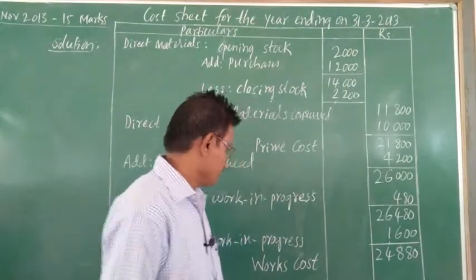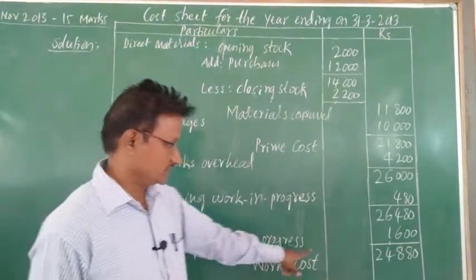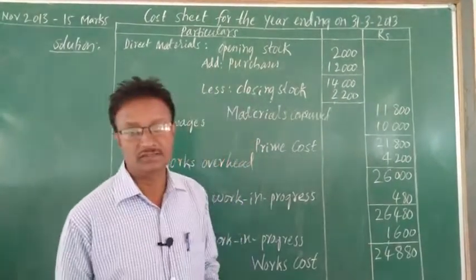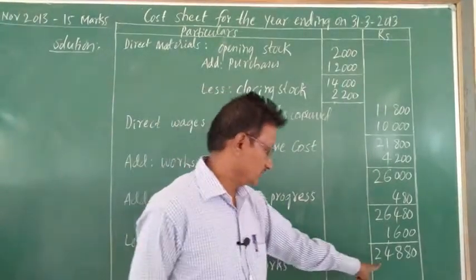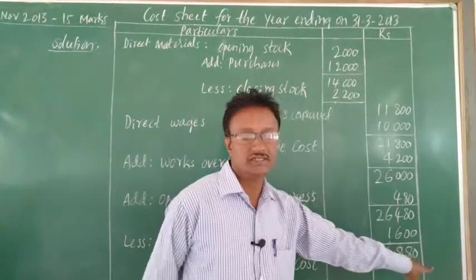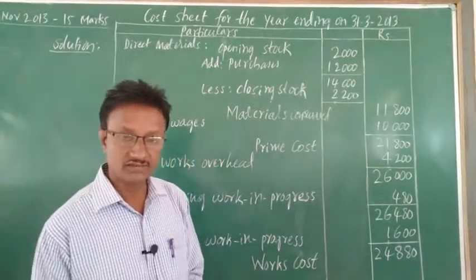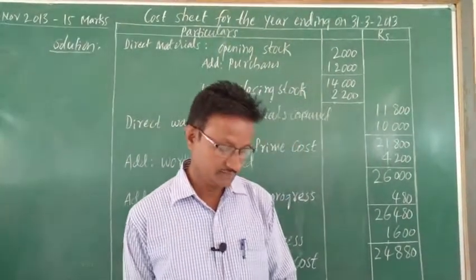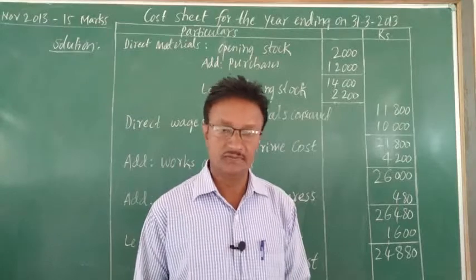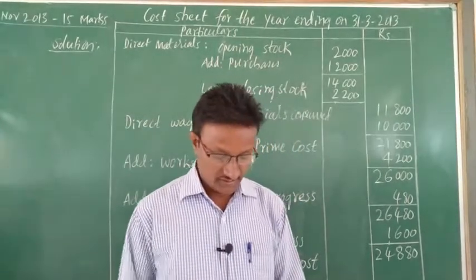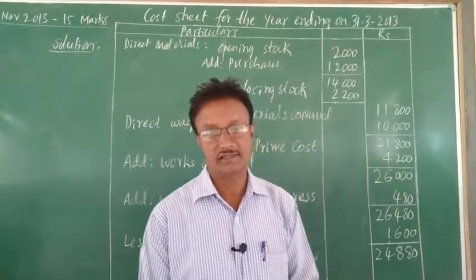From this you have to deduct the closing work in progress. It is also given in the problem, that is 1600, and the remaining value is 24,880, and this is the works cost. So work in progress on 1/4/2012 is opening work in progress, and work in progress on 31st March 2013 is closing work in progress.